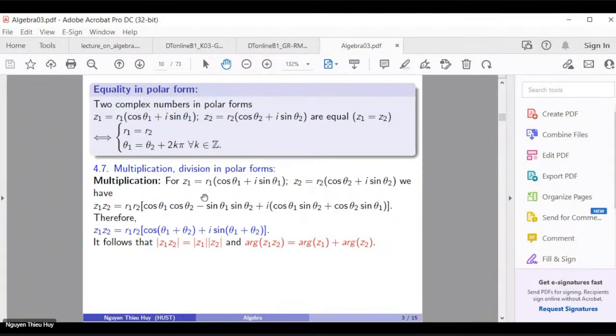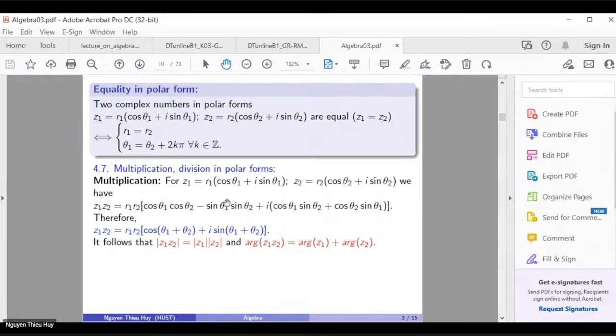Now here cos theta 1 and cos theta 2, and here i sine theta 1 and i sine theta 2 actually contain i squared, but i squared is minus 1. So we obtain this minus, and the other part always contains i: i cos theta 1 sine theta 2 here, and put i as common factor. The inside will be cos theta 1 sine theta 2, and the other here sine theta 1 multiplied by cos theta 2. Okay, this is just direct computation.